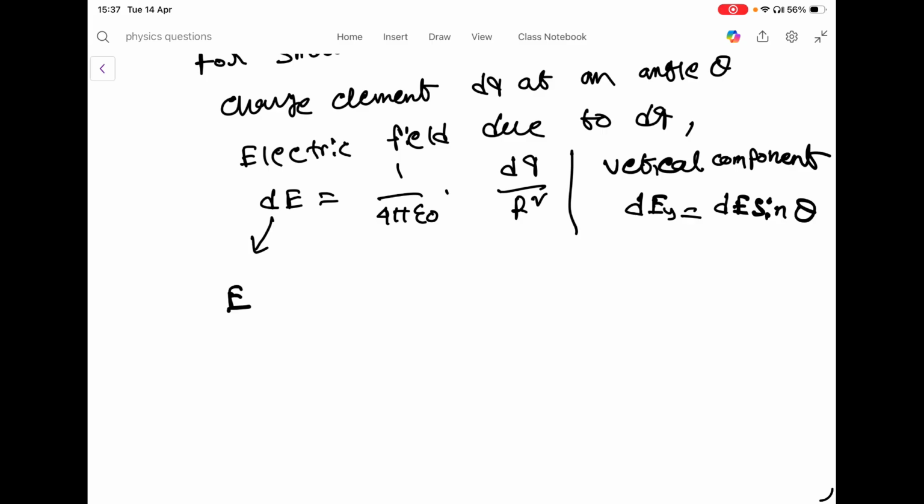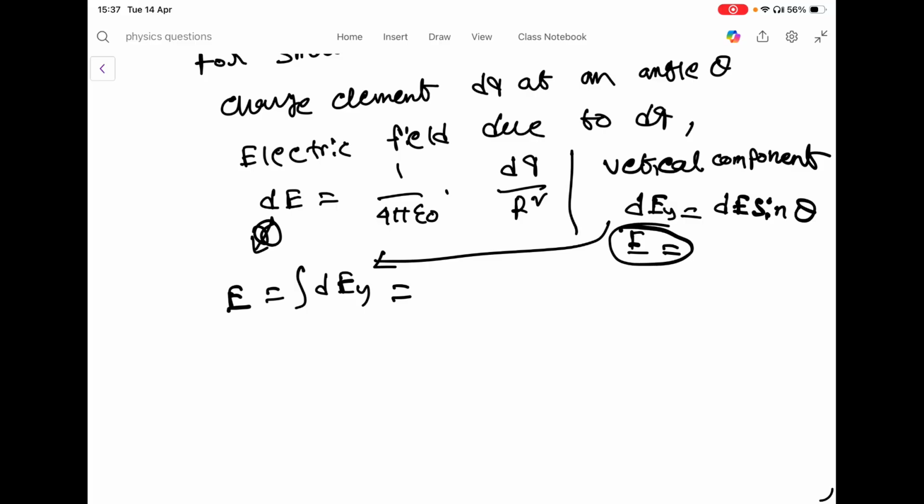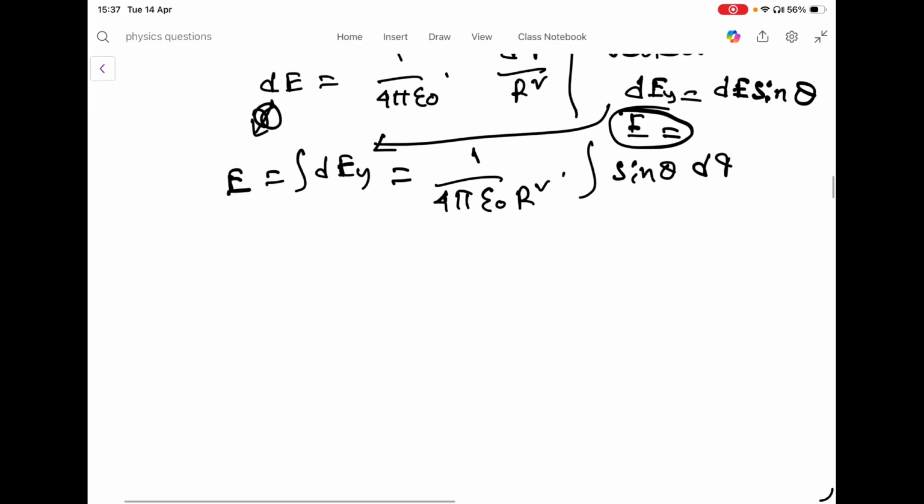So when you integrate these things, you will get E equal to integration of dEy equal to 1 by 4 pi epsilon naught r square into integration of sin theta dq, right?